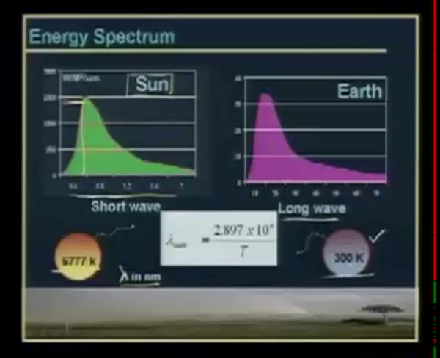So now the concept must be clear: the radiation that is coming from the sun is in the short wave form, because the sun acts as a black body and the temperature is very high, and the radiation that comes by virtue of heating of the Earth, which is at a lower temperature, something close to 300 Kelvin, will be in the long wave.